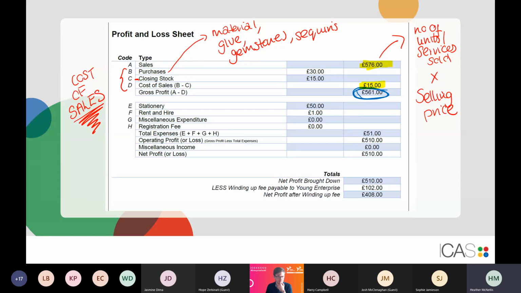Then you've got miscellaneous expenditure, which is 0 here, but that's going to be anything that doesn't really fit into those first two categories. So anything else that you think of, something like maybe postage. You could maybe argue that could go under stationery, but something like postage stamps, for example, or any other outgoing money. Okay, so you're looking at all your money that's gone out of your business and you're categorizing it.